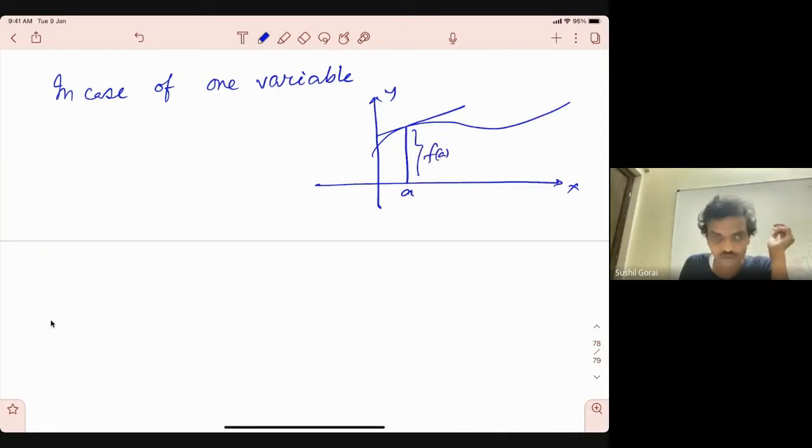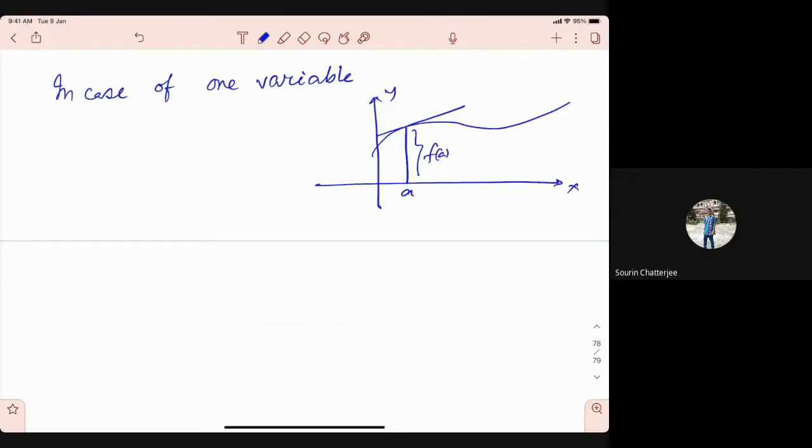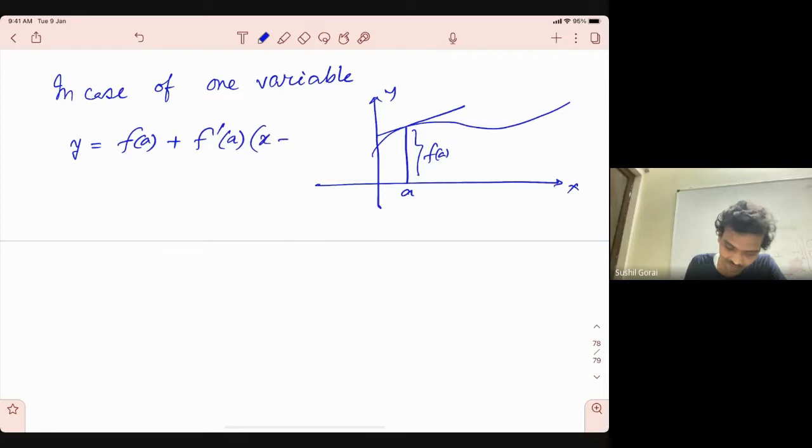So, what is the equation of this tangent? We told it last time. y is equal to f of a plus f dash a into x minus a. All right. So this is it.